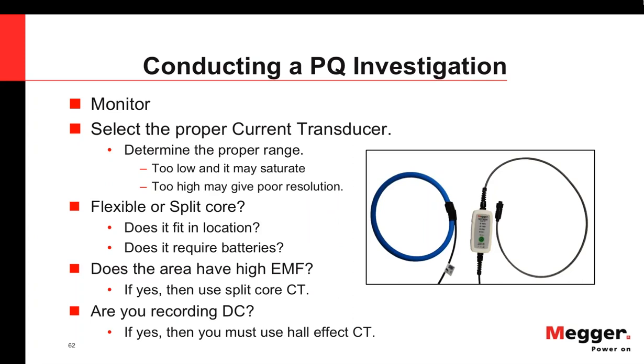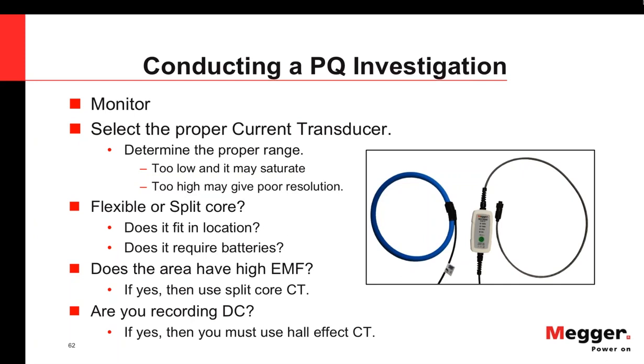As I get closer to that motor, I may see those transients get much larger due to the interaction of the magnetic field of the motor with the capacitance in that cable. So try to get as close to the equipment that's failing or tripping offline as possible.